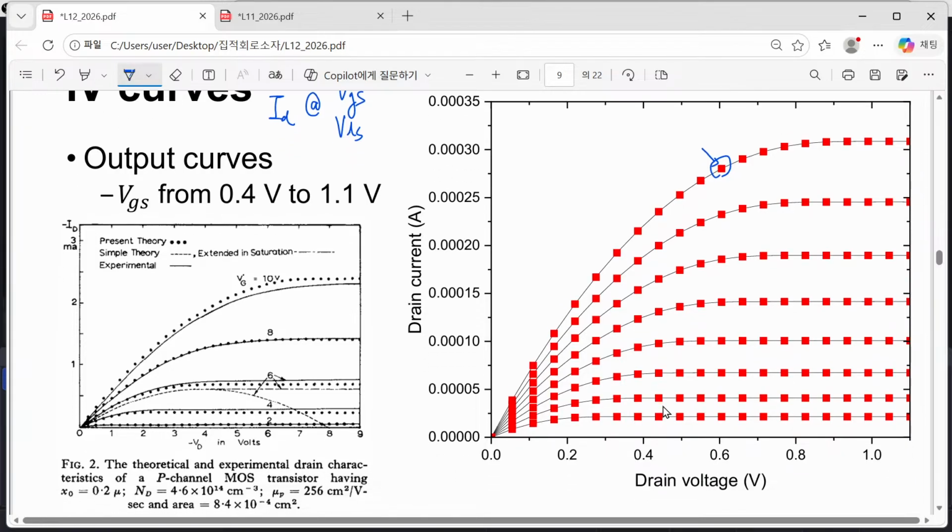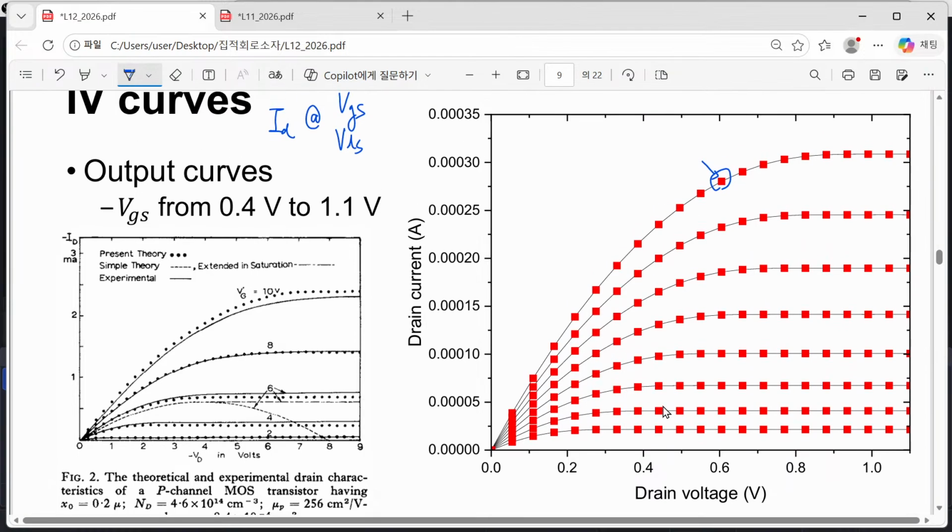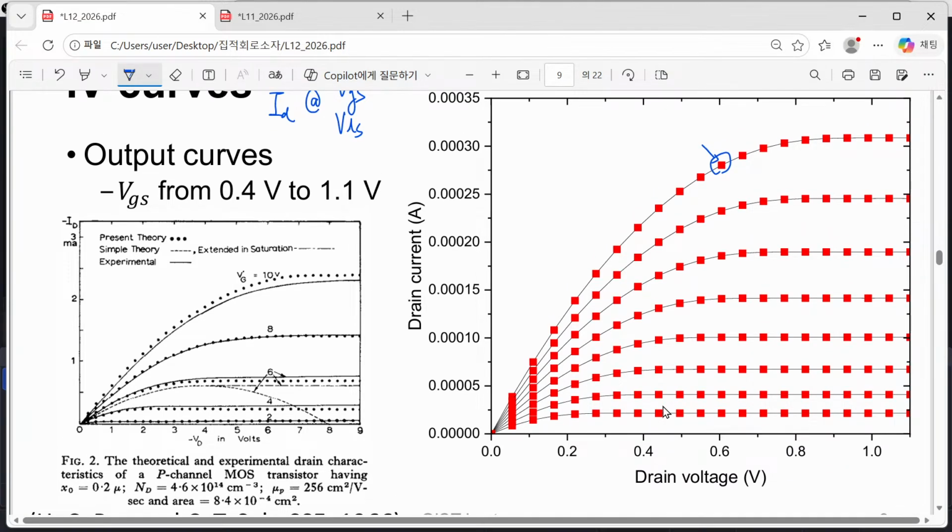This is typically called output characteristics, and here the horizontal axis corresponds to VDS, and the vertical axis corresponds to, of course, ID. And here we have many different branches. These branches correspond to different values of VGS.